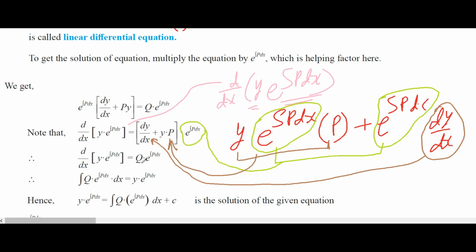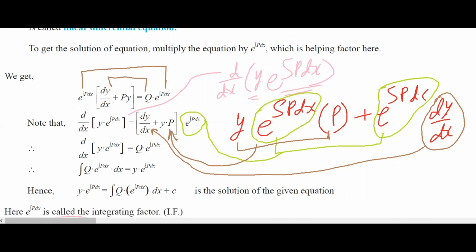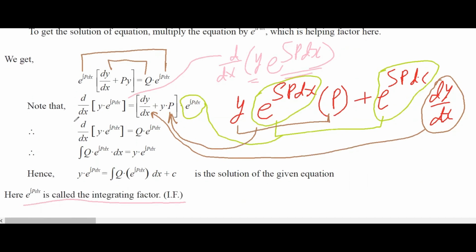Okay, this entire thing you wrote as q, क्योंकि यहाँ पर दिख रहा है ना, on comparison this is equal to this and this q is equal to this. तो इसकी जगह आप एक q लिखोगे. ठीक है, और ये होने के बाद में आप इसको इंटीग्रेट करोगे. यहाँ पर आपने इंटीग्रेट किया और यहाँ भी आपने इंटीग्रेट किया, तो क्या मिलेगा आपको? इंटीग्रेशन ऑफ q e to the power of integration of p dx dx इज इक्वल टू, ये दोनों इंटीग्रेशन और डेरिवेटिव नलीफाई हो जाएंगे, और आपको ये y मिलेगा. ठीक है, और फिर बाद में आप यहाँ लिखोगे y into e to the power of integration of p dx is equal to this plus c is the solution.